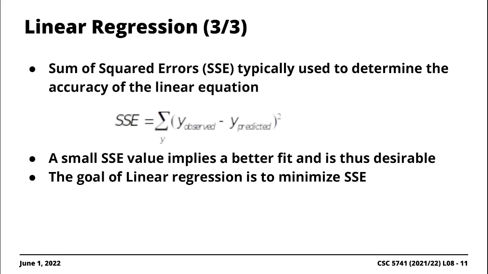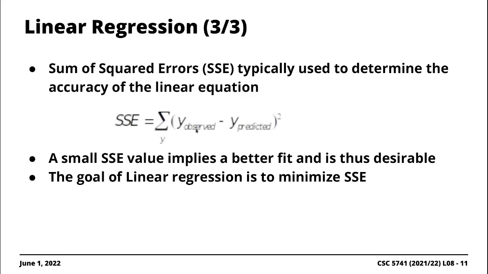So what we're doing with the sum of squared errors, you notice here, is all we are doing is getting the difference between the observed value and the predicted value. We square it and then we sum them, right? And the idea behind this metric is that if the cumulative sum, or this metric, is smaller, then your model is performing better than when this value is larger.